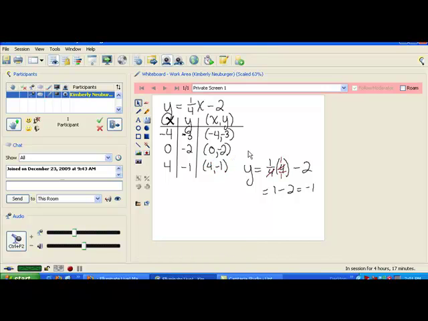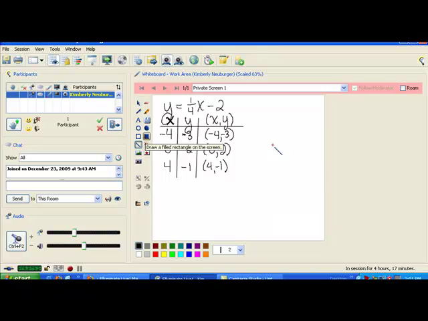What I need to do now that I have 3 points is create a coordinate plane, plot all 3 points, and then connect them to make a line. So I'm going to label my axes. I have the x and the y axes, and then you need to label a few points.